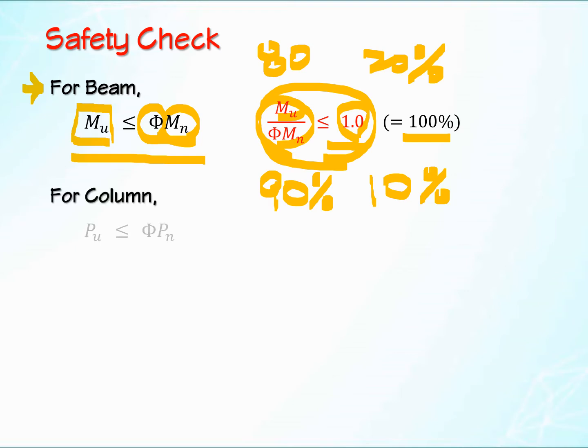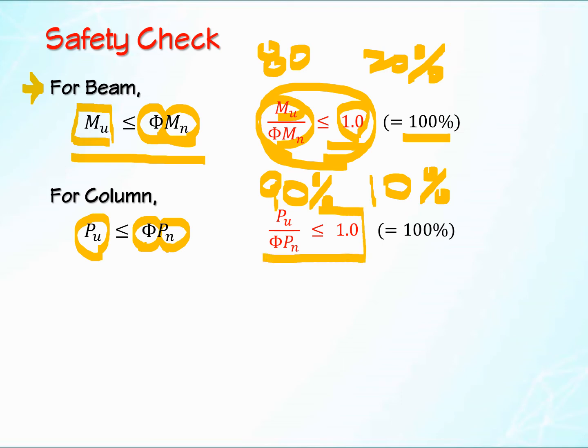If it's a column, then design axial force must be smaller than nominal axial capacity times phi factor. Similarly, if you move the right-hand side to the left, then you are going to have this simple formula. So as long as the left-hand side is less than 100%, that will be okay. And at the same time, you can see how much safety margin is there.